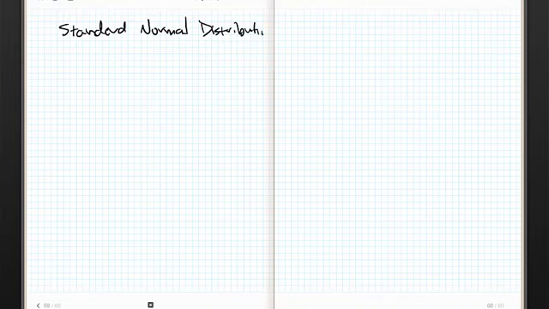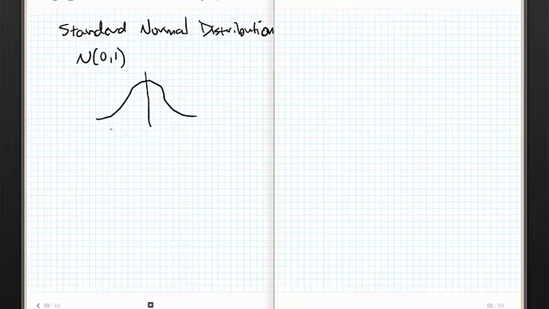Now, the standard normal distribution has just the best mean and standard deviation ever. It's 0, 1. All right. So when I do this, I know that this guy is 0, and I know that the standard deviation is 1. All right? It's called the standard normal because of this. I mean, we know where it's centered, and we know what its standard deviation is.